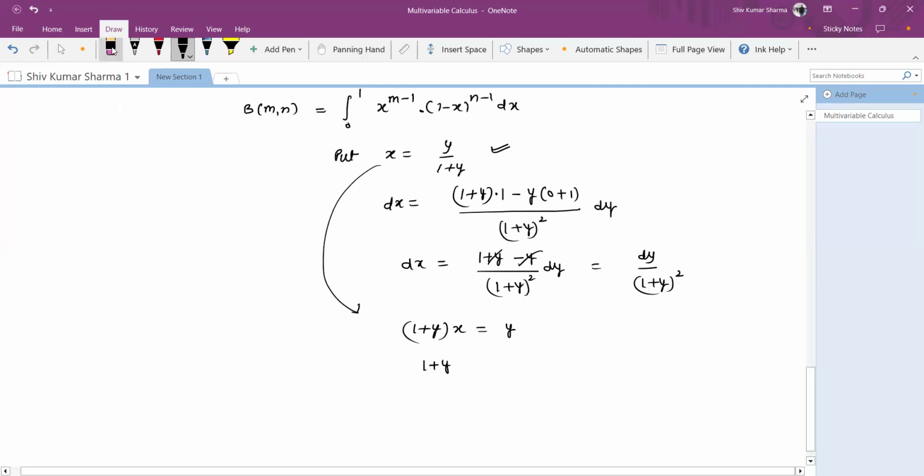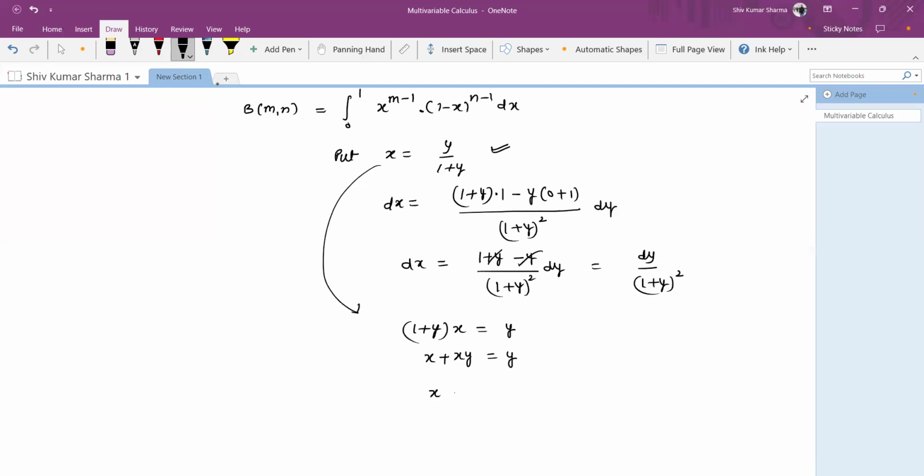So this can be written as x plus xy is equal to y. So x plus xy is equal to y.